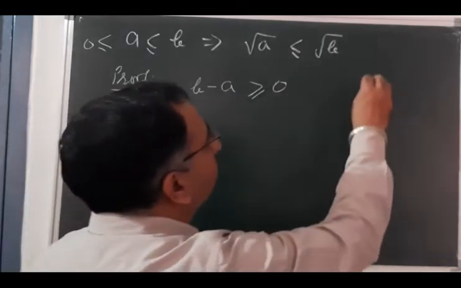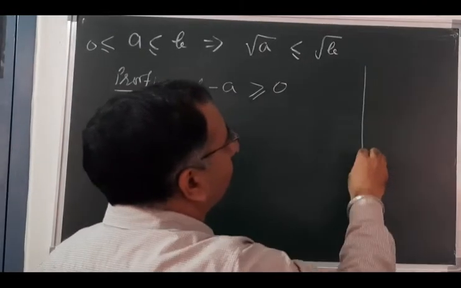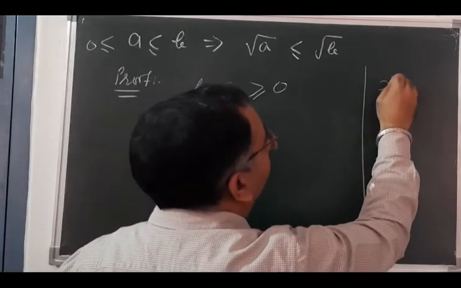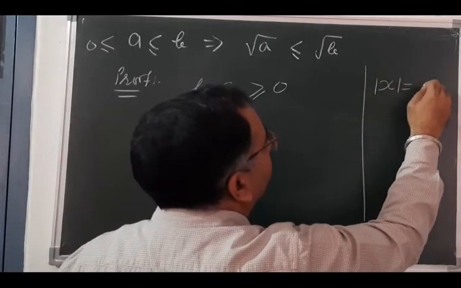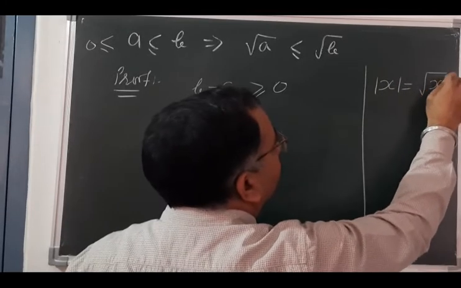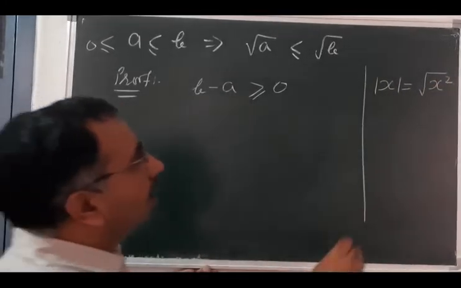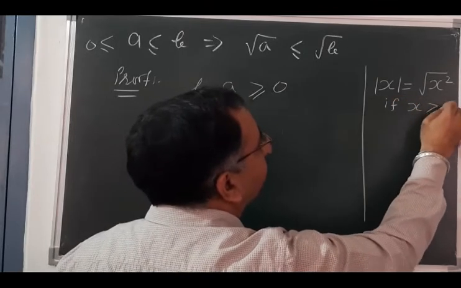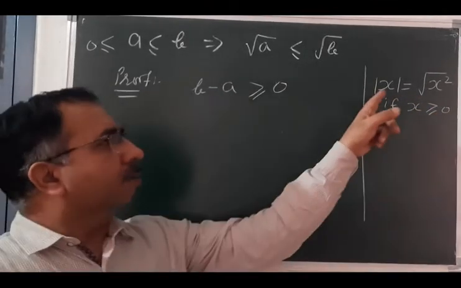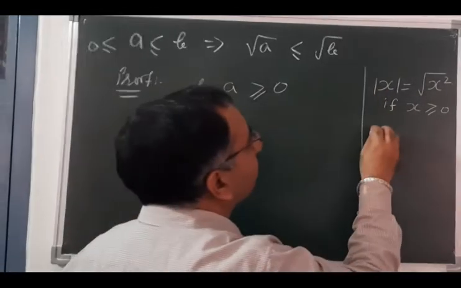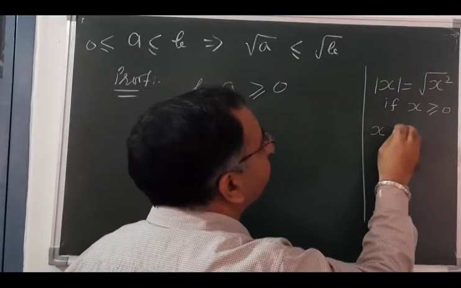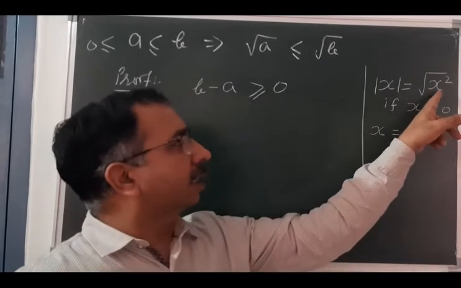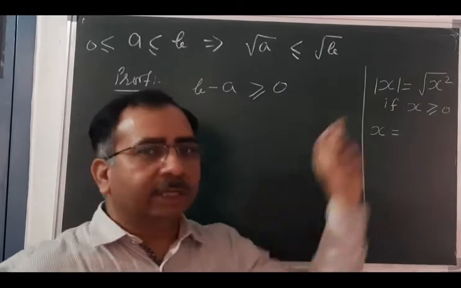Now use the definition of mod x here. So recall that mod of x is the square root of x squared. If x is greater than or equal to 0, then mod x will be x. This was my definition.